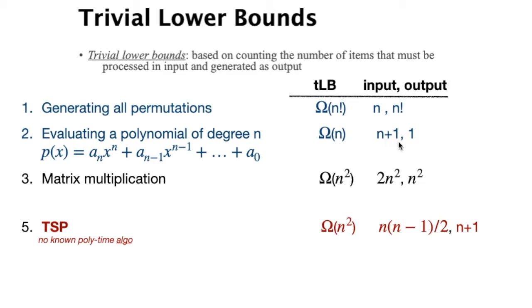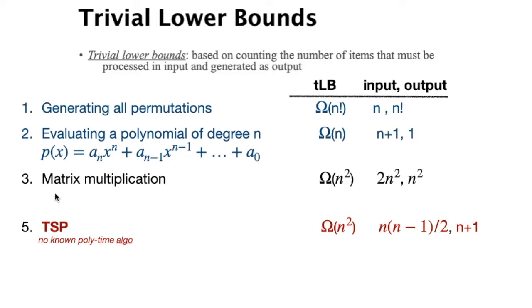So we have n plus 1 and 1, with a trivial lower bound of n. So for item 1 and item 2, these trivial lower bounds are useful because these are actually tight lower bounds for these problems. Meaning we have existing algorithms with this running time and this running time.